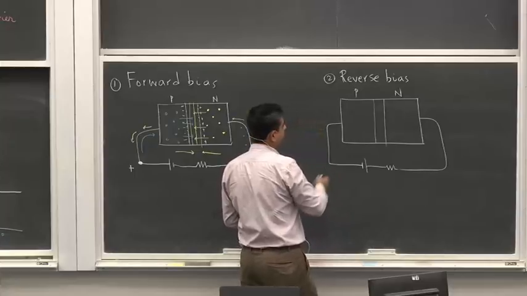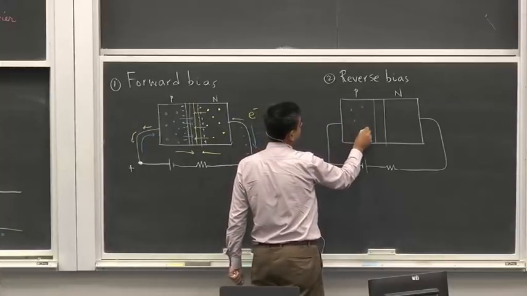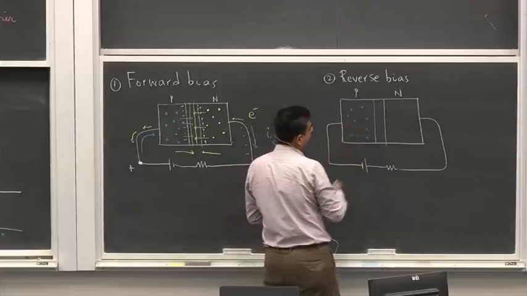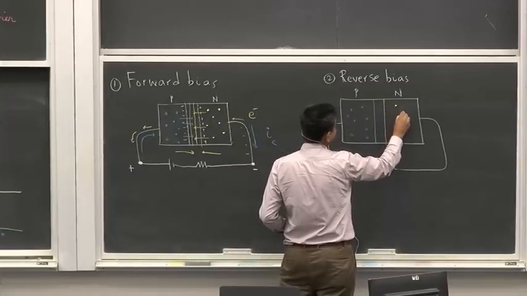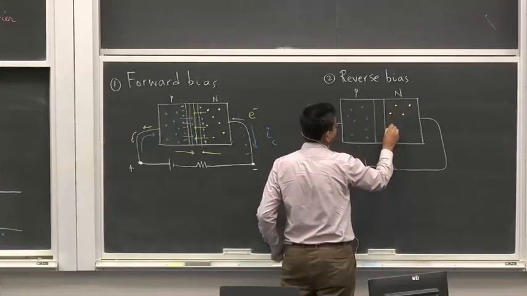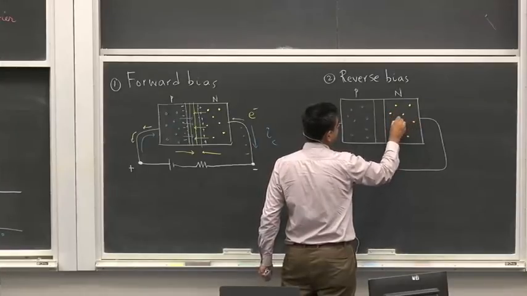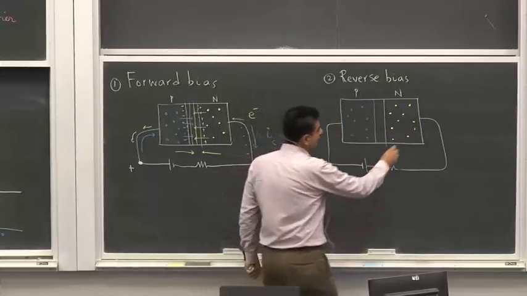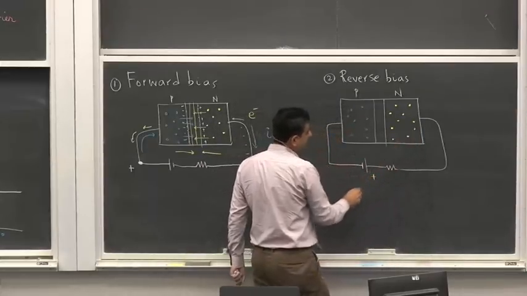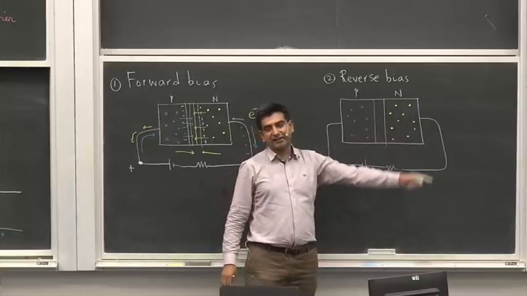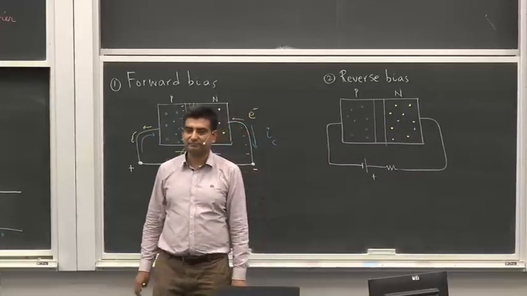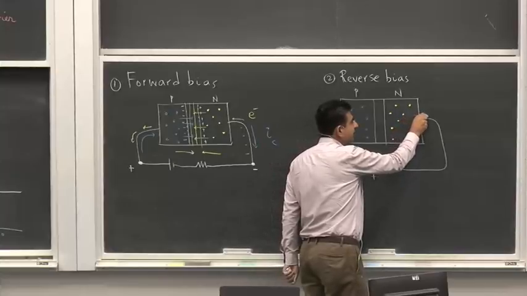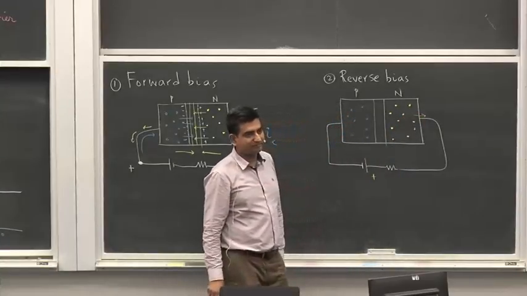Now I have holes here, and I have electrons here. Now this positive terminal of the battery is going to attract the electrons. So these electrons are now going to be attracted in this general direction.